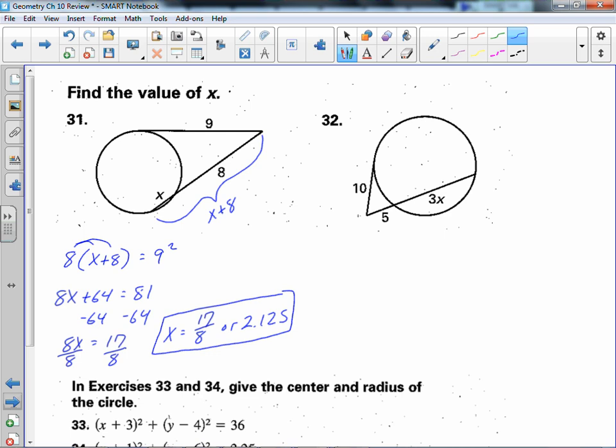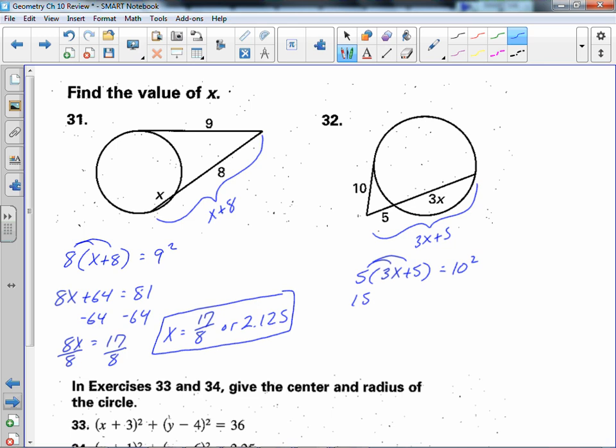Then number 30 is the exact same situation. We've got a tangent with a secant, and so figure out the entire length of the secant segment, which is going to be 3x plus 5. And so the exterior secant segment, which is the 5, times the entire secant segment, 3x plus 5, has to equal the tangent segment squared, so 10 squared.